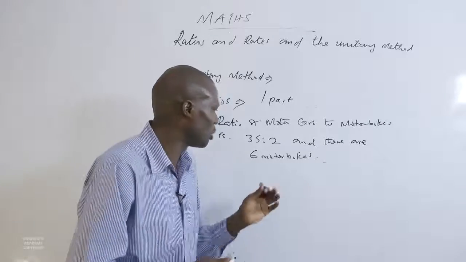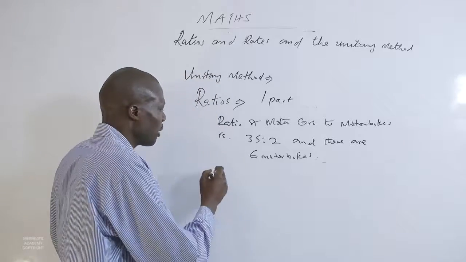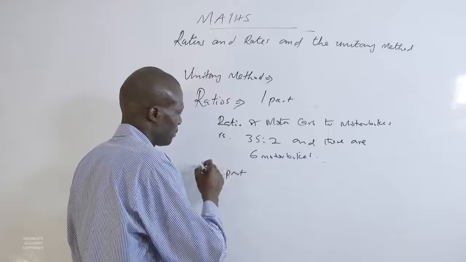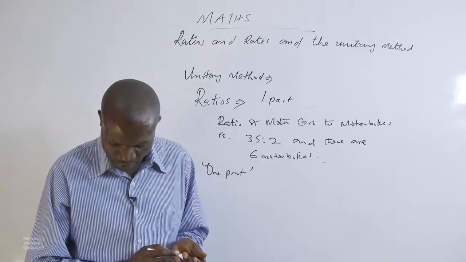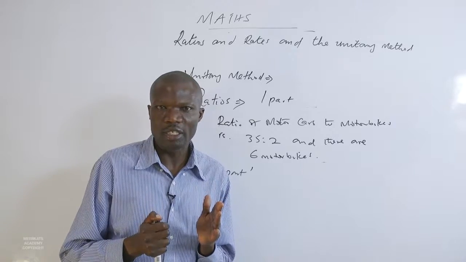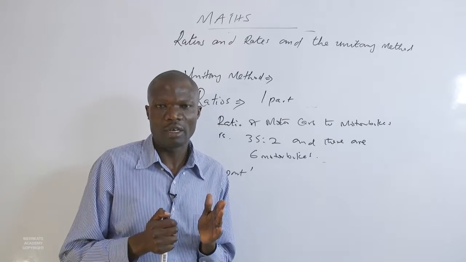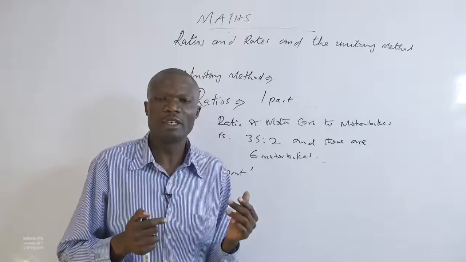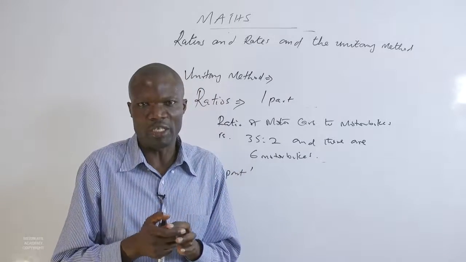Right? So when you divide by 2, then we shall get one part, the number of motorbikes.